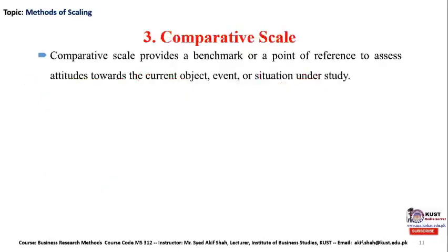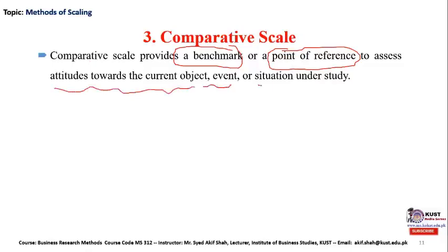We have the third method, known as the comparative scale. This is the third method of collecting attitudinal responses under the broader topic of ranking scales. Comparative scales provide you a benchmark or a point of reference so as to assess the attitudes towards the current objects, events, or situations.